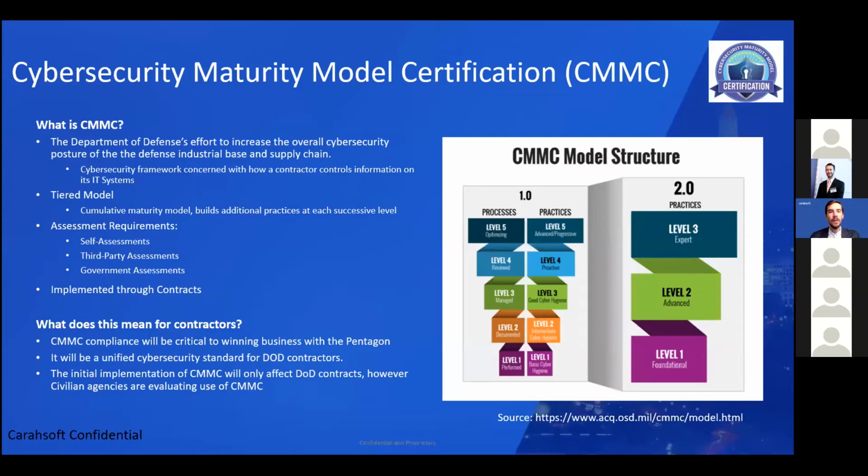Before I do that, for anyone that's not familiar with CMMC, I'll do a quick overview. The Cybersecurity Maturity Model Certification, or CMMC for short, is the DoD's effort to increase the overall cybersecurity posture of the defense industrial base as a whole.